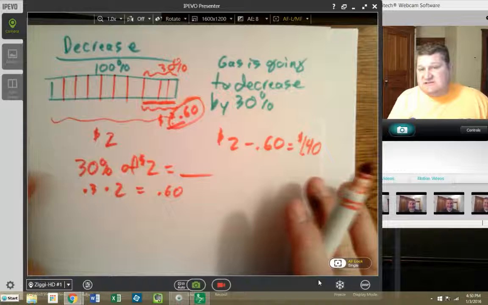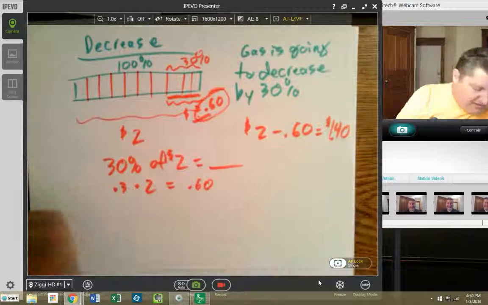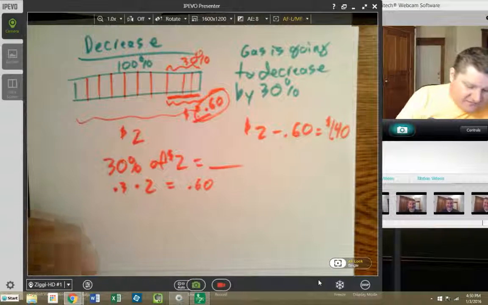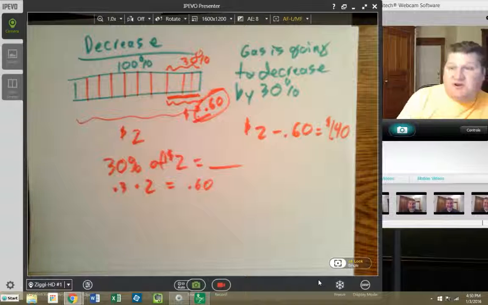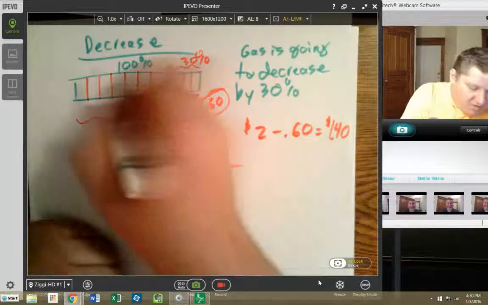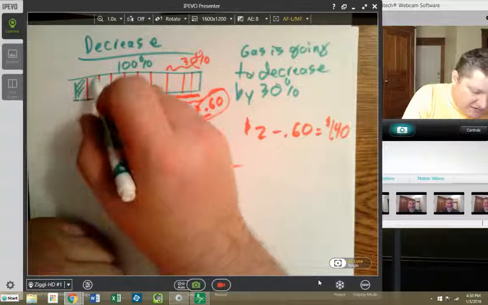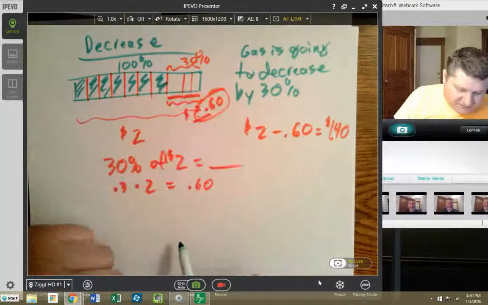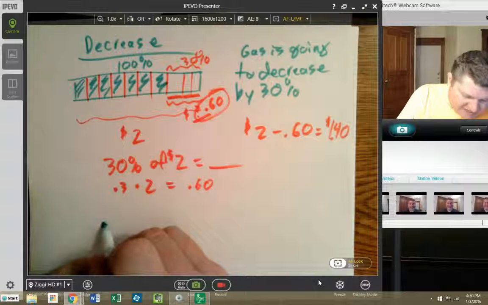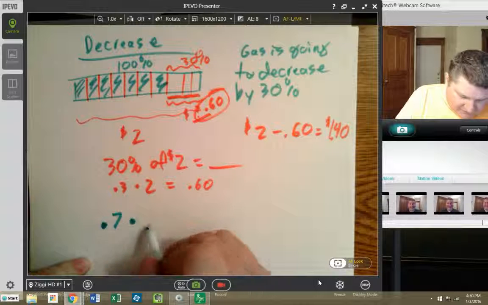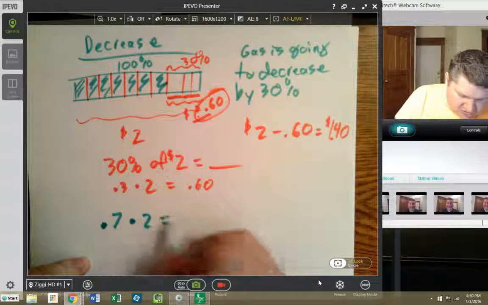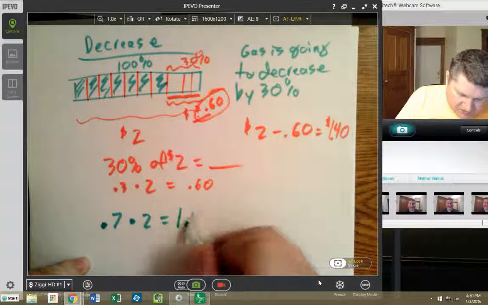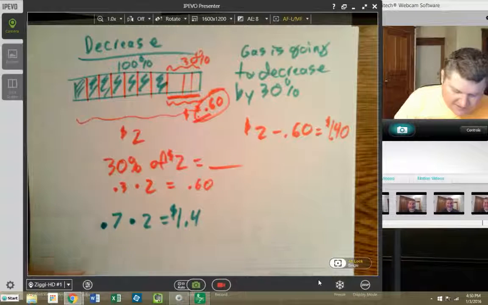I could go the second way with it though, because if this is 30% less than 100, how much would I have left? 10, 20, 30, 40, 50, 60, 70% left. So couldn't I just say 0.7 times $2, and 0.7 times $2 is 1.4, and find it directly.